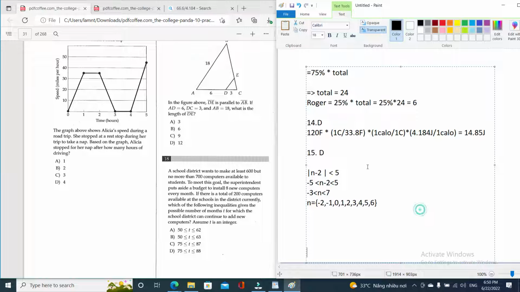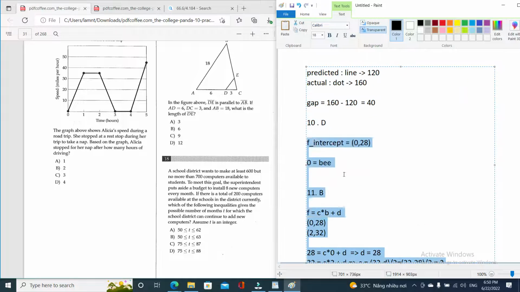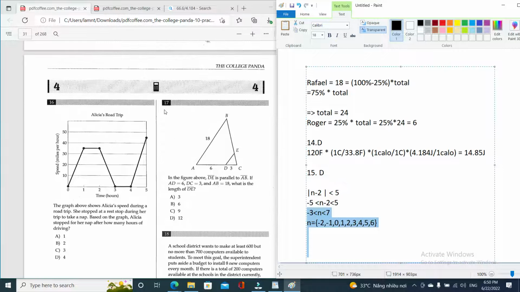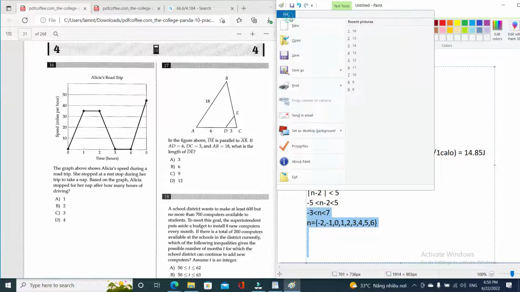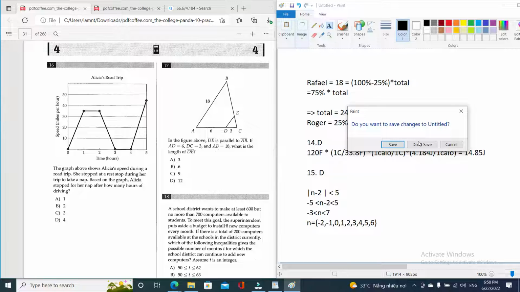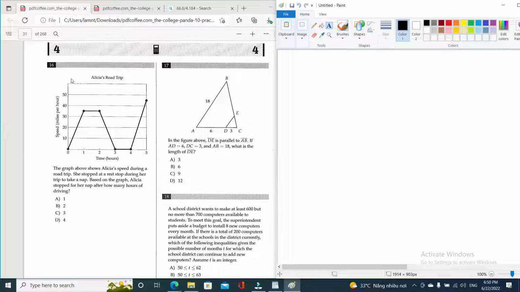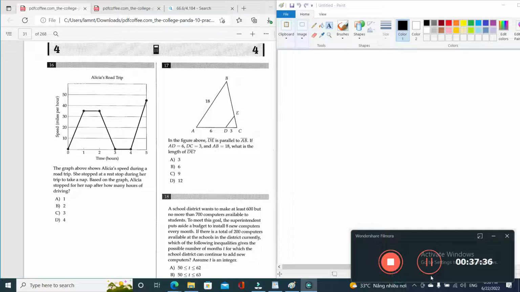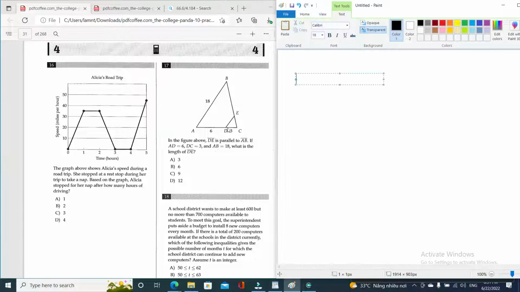Alright, so 16. We have a graph here of Alicia's road trip, showing Alicia's speed during the road trip. She stopped to take a nap.